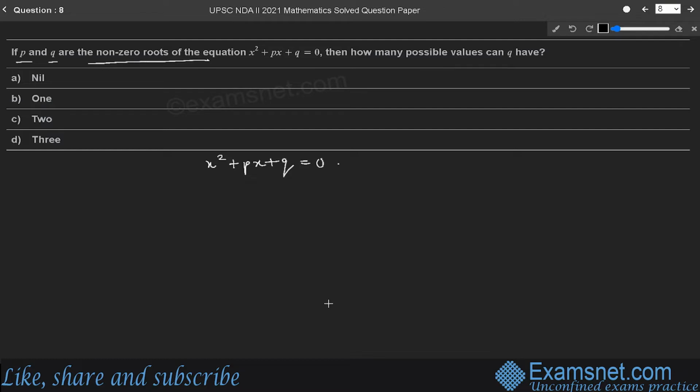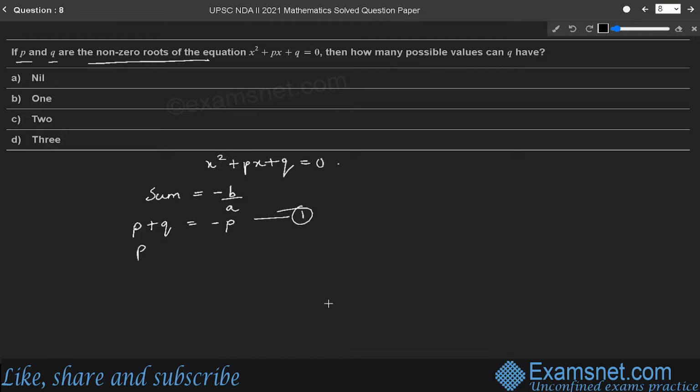Therefore, let us find the sum of the roots. So, sum of roots is equal to minus b upon a, means coefficient of x upon coefficient of x square. So, sum of roots will be p plus q, since the roots are given already. It will be equals to minus p. Let this be equation number 1.